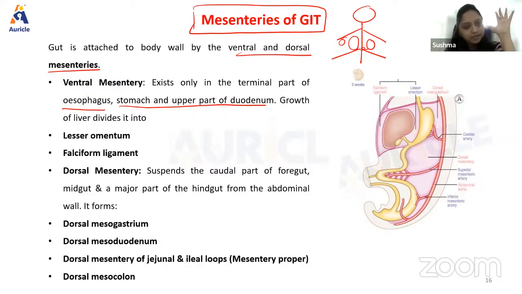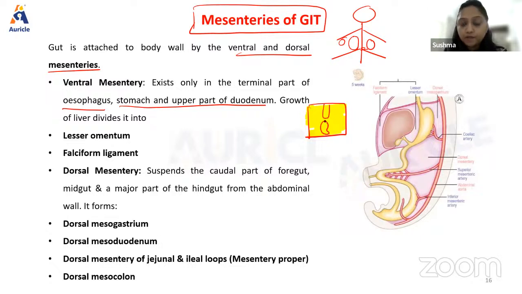But what happens? I have the growth of the liver over here. Let's say this is the body wall, completely covered by the mesentery, which is attaching the esophagus here, stomach here, all of the midline organs.